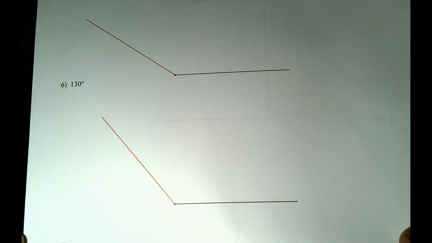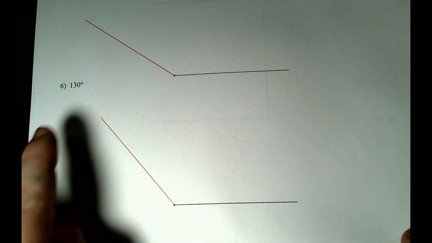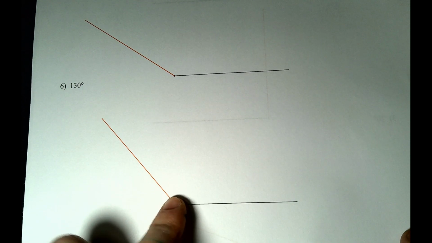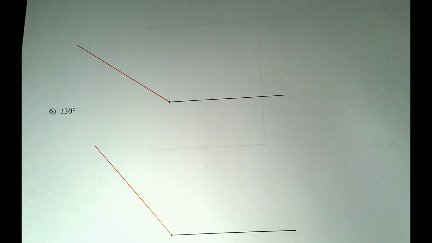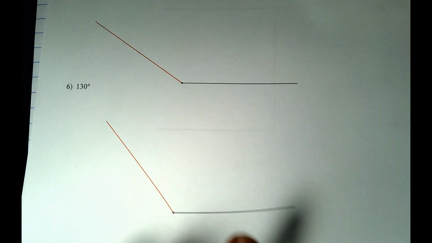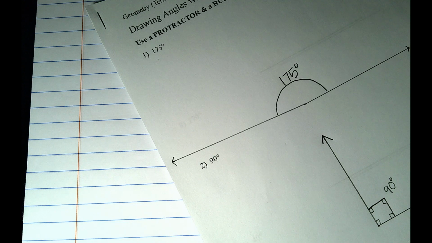Number 6, slightly less, but still a large angle here, 130 degrees. Everybody's look okay on the second page? Good. Okay, and don't worry if you didn't get this far. I'm just going to show for anybody that did. This one, I'm not grading this one. This is just a practice thing.